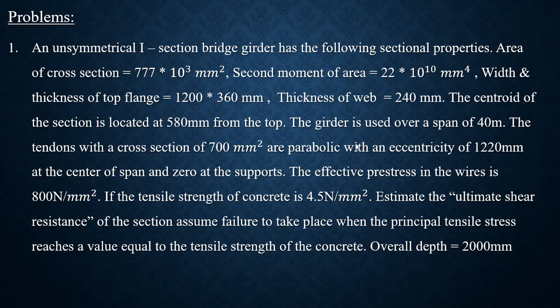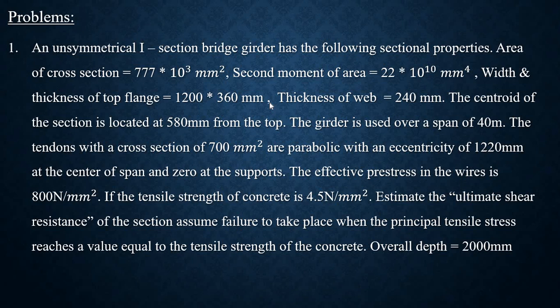So in the question, these are the data given. First of all, it's an unsymmetrical I section. It has an area of 777 into 10 power 3 mm square, second moment of area 22 into 10 power 10 mm power 4, and width and thickness of the flange is 1200 into 360 mm.